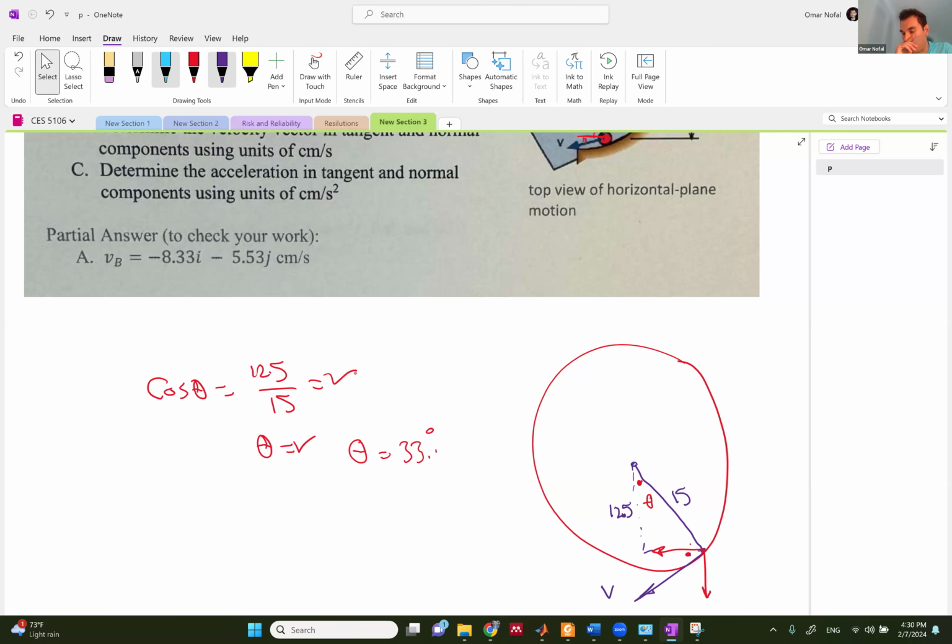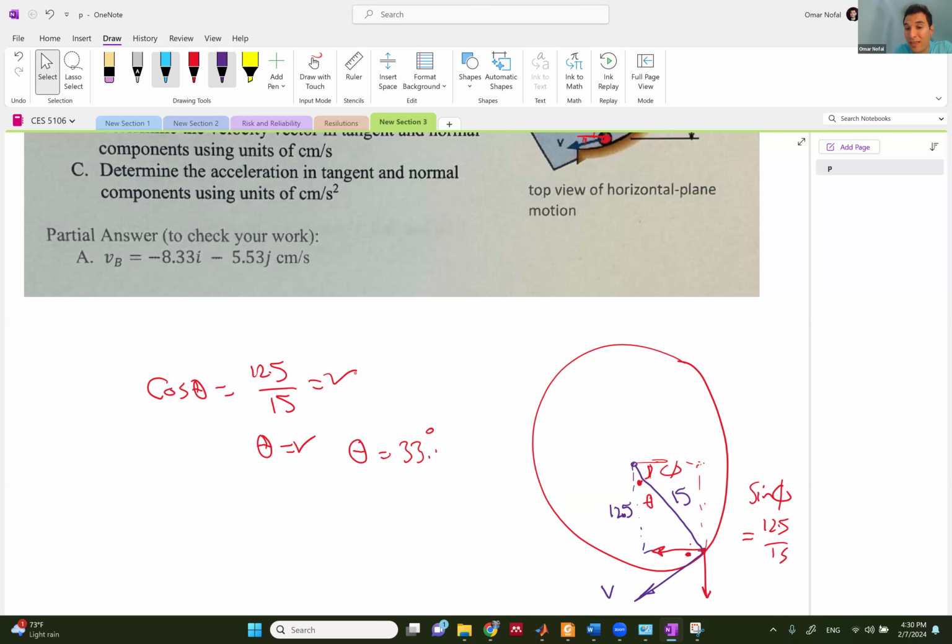But my model answer is going to give you the other angle, let's name this phi. It's going to give you this angle. So both ways are fine. If you got phi, so this is 12.5, so sine phi is going to be equal to 12.5 over 15. Same thing.